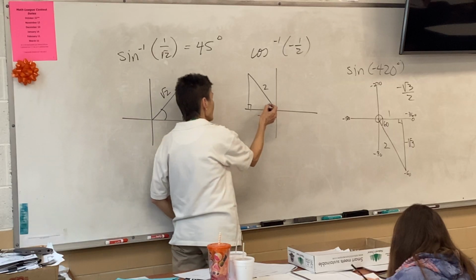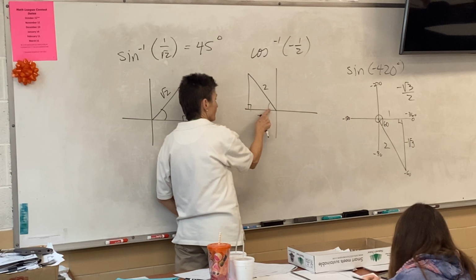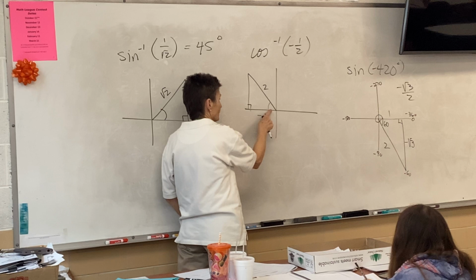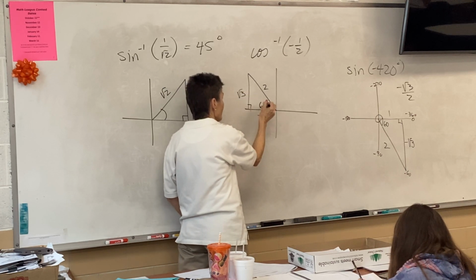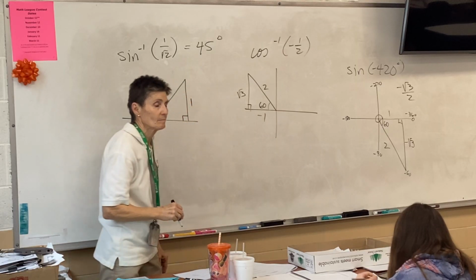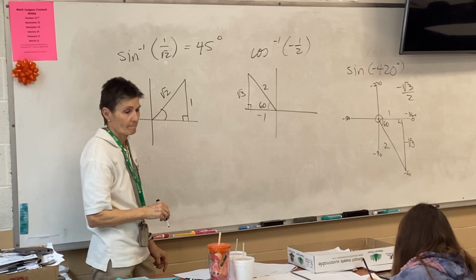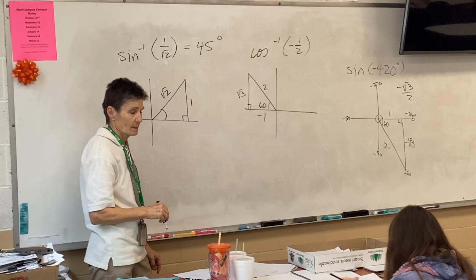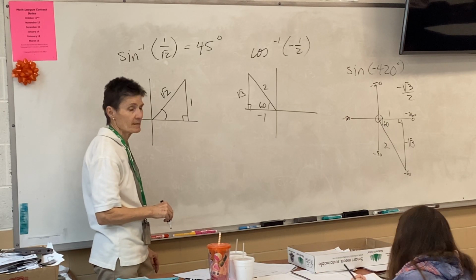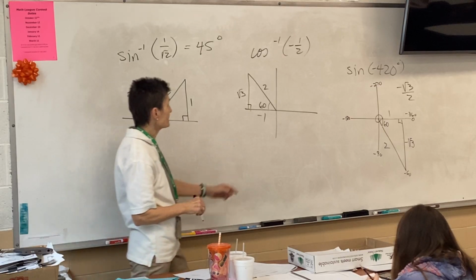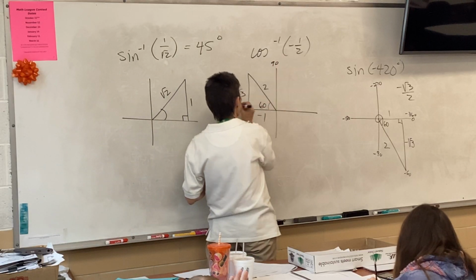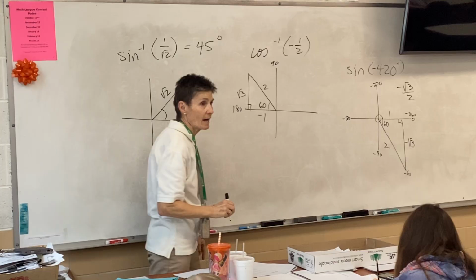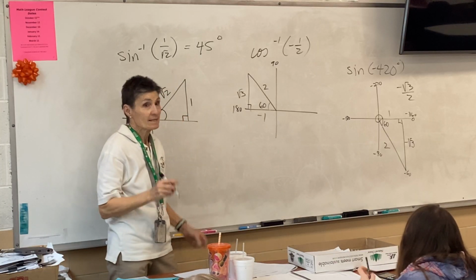Can you tell how big this angle is? Well, this would be root 3, so won't that be 60? The answer is not 60 though, because doesn't my answer have to be somewhere between 90 and 180? And 60 is not.